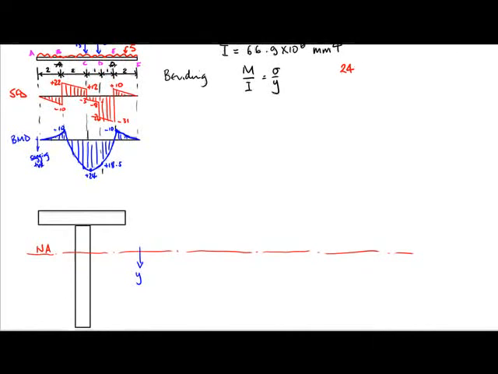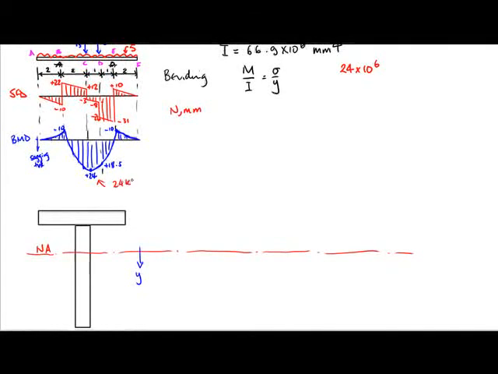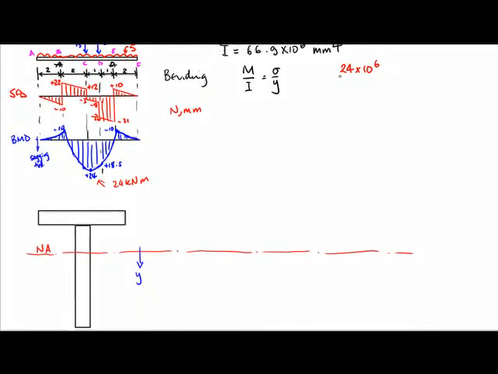I'm working to units of kilonewtons and millimeters, so if I change it to newtons and millimeters, that's 24 kilonewton meter, so M will be 24 times 10 to the 6.